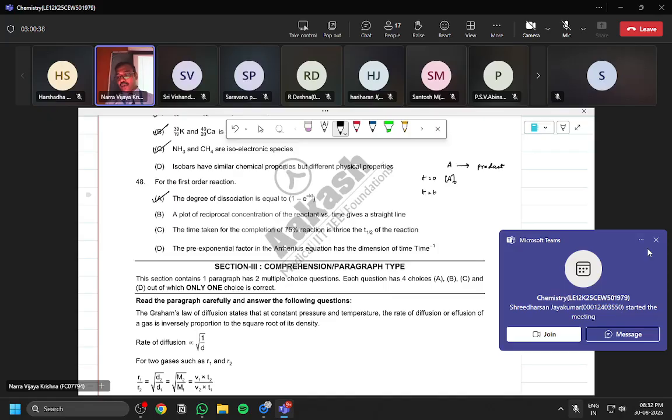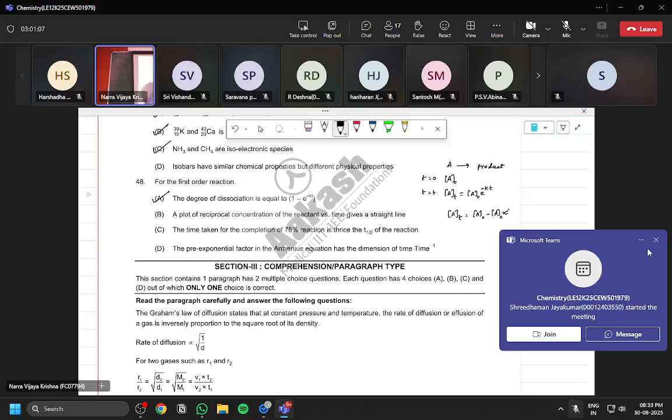After time t, let the concentration be At. According to first order kinetics, At equals A naught into e power minus kt. Instead of writing At, can write A minus A alpha, and if initial concentration is C, C minus C alpha. Similarly, I will write At as A naught minus A naught alpha.